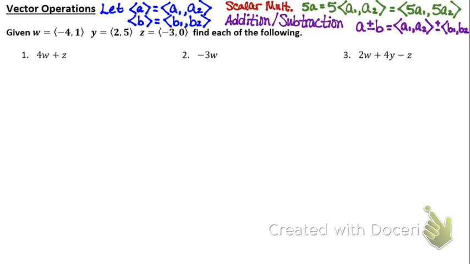You are going to perform the operations with the corresponding parts. So you're going to add or subtract your x's together. You'll add or subtract your y's together. So A1 plus or minus B1, A2 plus or minus B2.